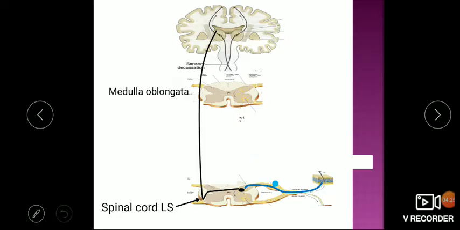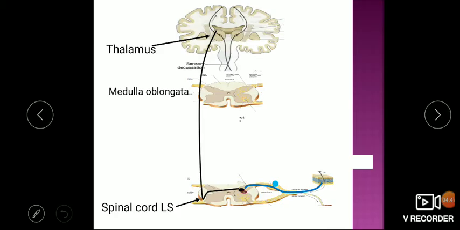So the first order neuron is this, the sensory nerve. The second order neuron is this, arising from the spinal cord, crossing immediately to the opposite side, traveling in the lateral part of the spinal cord and going up to the thalamus. It ends in the thalamus.